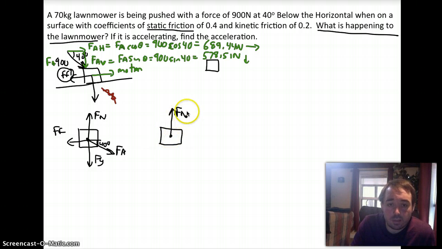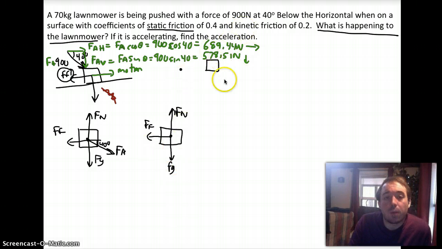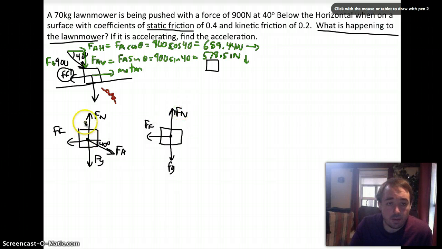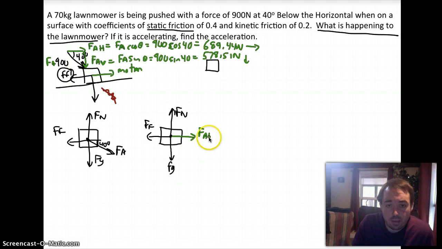Got the normal force, force of friction, that's all set. It's in the correct coordinate axis. Got my force of gravity. But my applied force, I don't want to deal with the angle. So I already broke it apart. One force, my FAH, is to the right, and my other applied force piece, FAV, is pointing down.